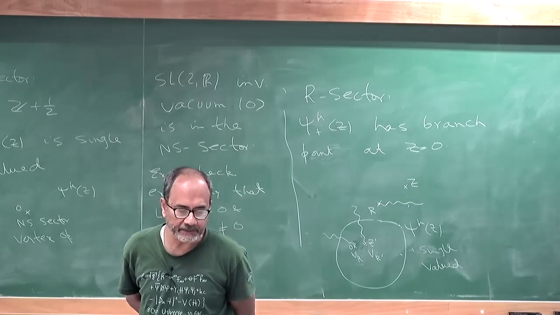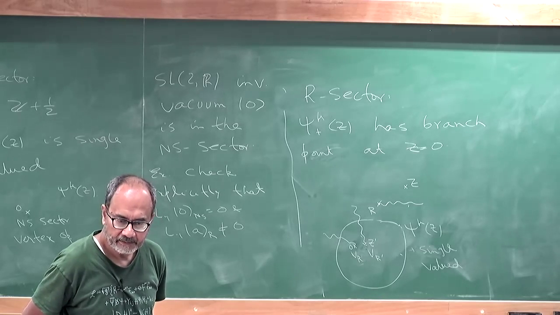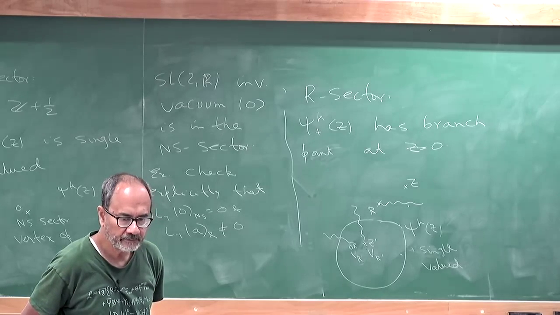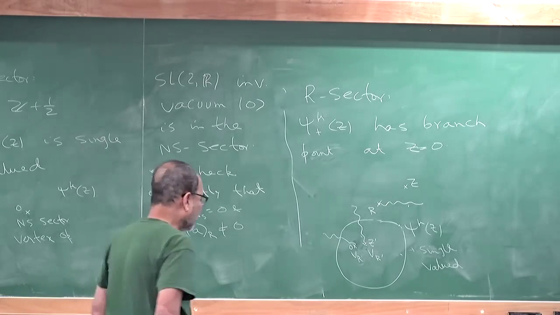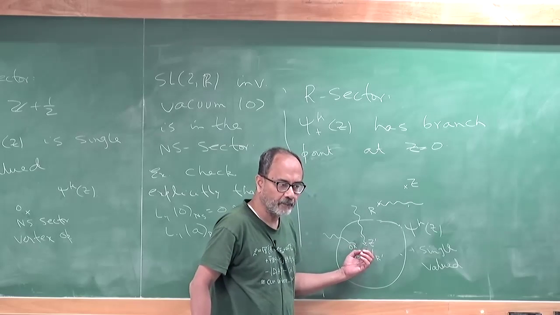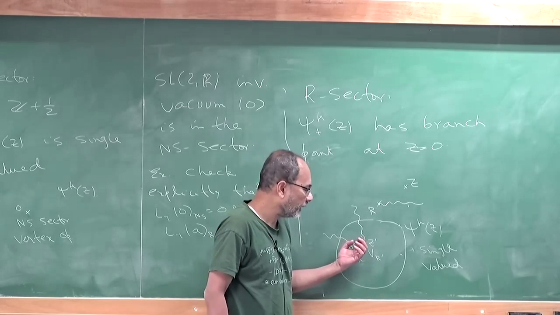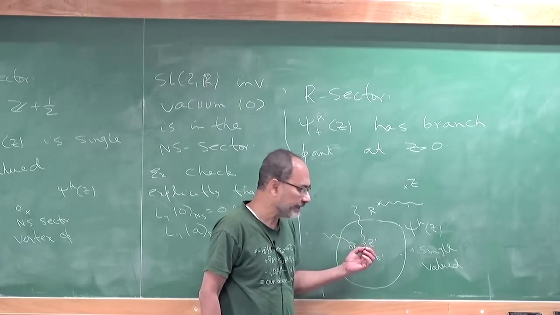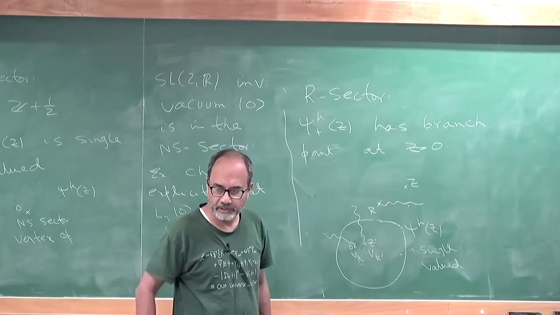So this is saying that the operator product of two Ramond vertex operators is in the NS sector. Right? Because in the Z prime going to zero limit, we can use an operator product expansion. Think of this as a linear combination of vertex operators with appropriate coefficients. And those vertex operators must be in the NS sector, because the NS sector gives single valued psi. Ramond sector would have given double valued psi.